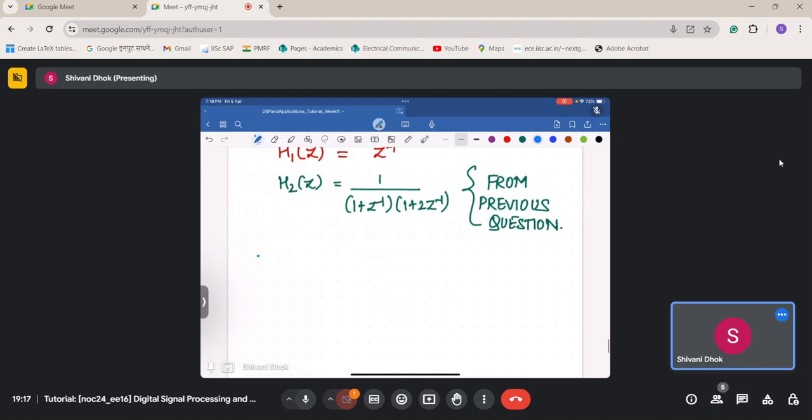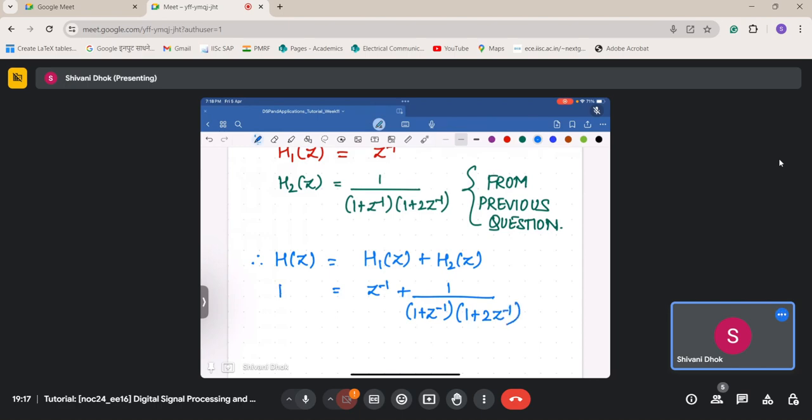So therefore H of Z, which is equal to H1 of Z plus H2 of Z, comes out to be Z inverse plus 1 upon 1 plus Z inverse into 1 plus 2Z inverse.